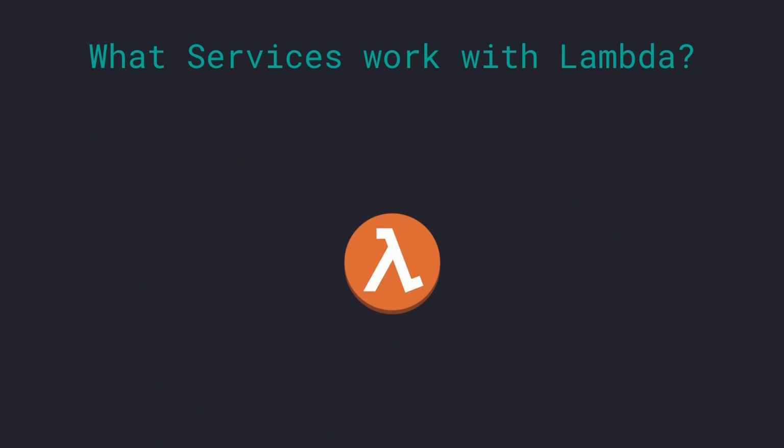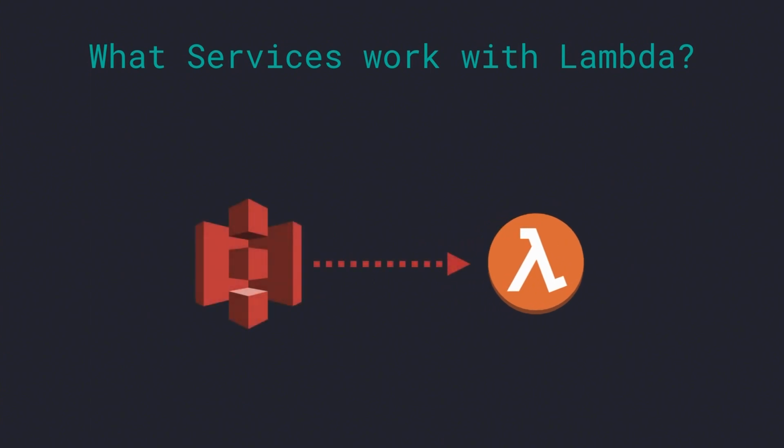So I mentioned that Lambda is one piece out of a whole puzzle. So there's a whole bunch of things that are actually meant to work with it. You can manually run Lambda functions, just from the console or by invoking them using the command line tools, but they're really meant to be triggered off events. Serverless is really an event-driven application architecture.